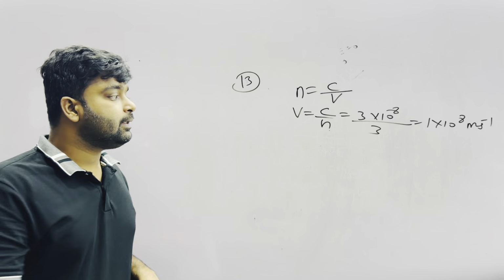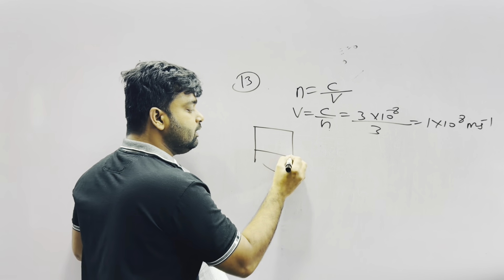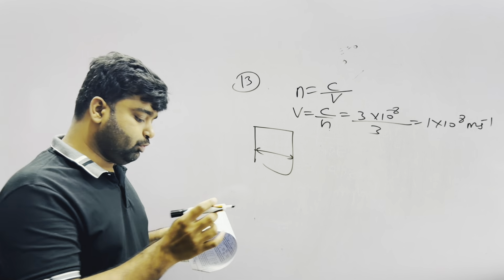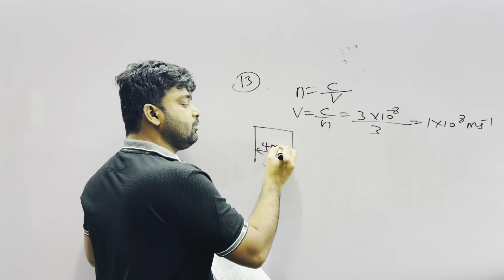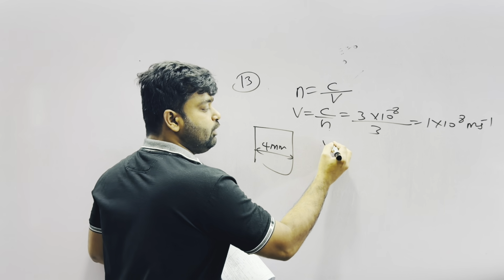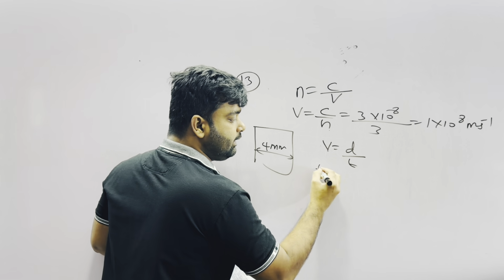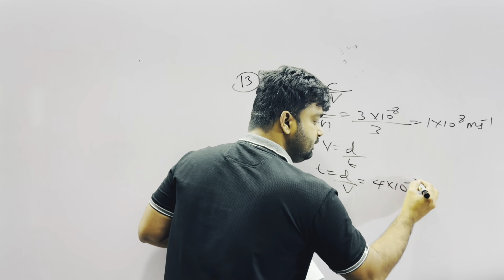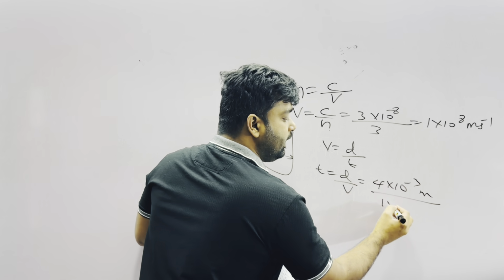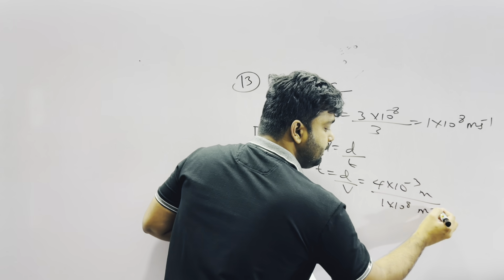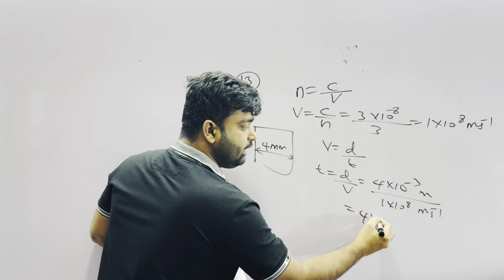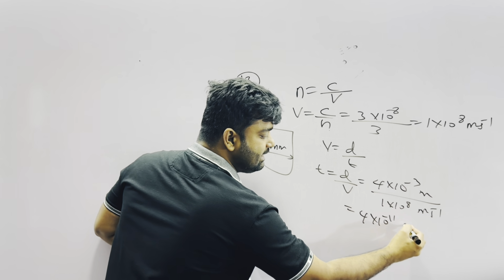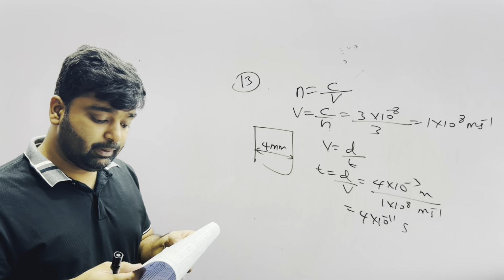Then the time taken to travel a distance of 4 millimeter: the equation of velocity is distance over time, then time is equal to distance over velocity. Distance travelled is 4 millimeter. Velocity is 1 into 10 to the power of 8 meter per second. Then the answer is 4 into 10 to the power of minus 11 second. The best answer will be second.